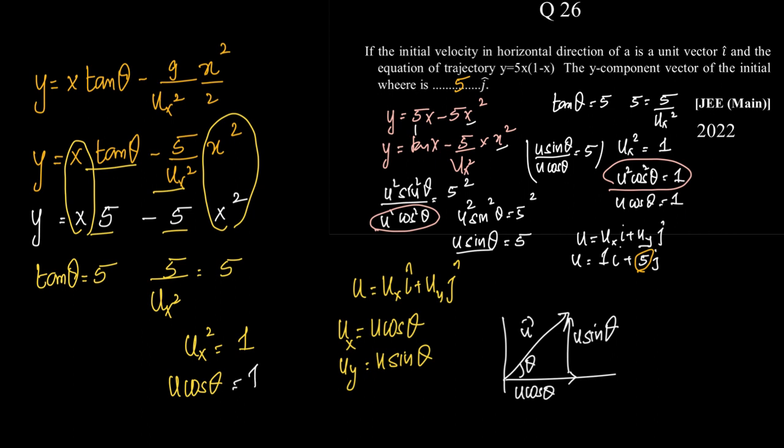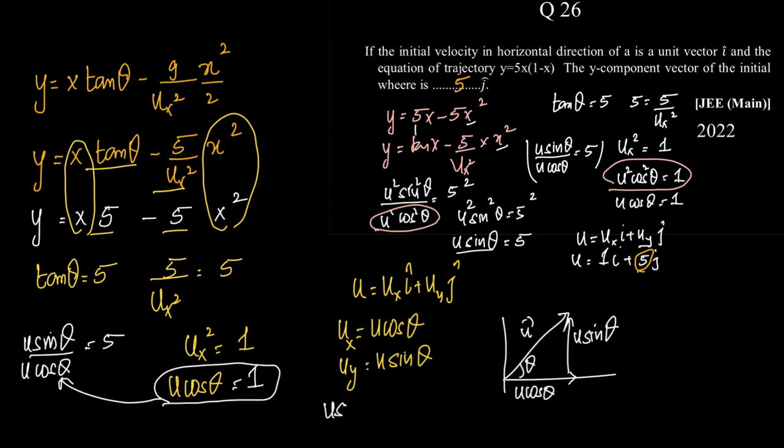So if u cos theta is equal to 1, what do we have? Tan theta can be written as u sin theta by u cos theta is equal to 5. What is the value of u cos theta? It is 1. If I substitute here, I get u sin theta is equal to 5.